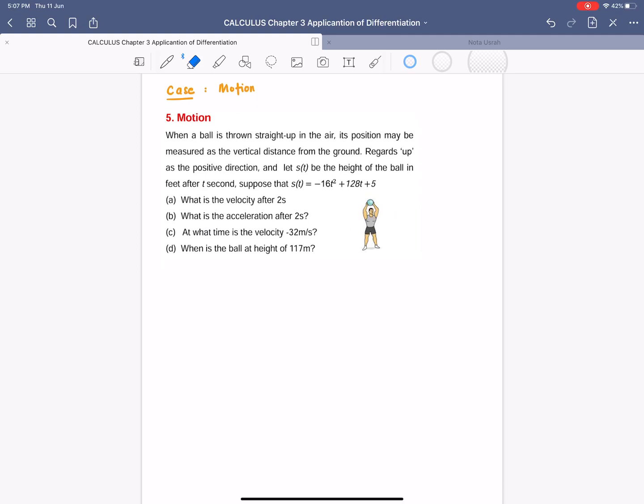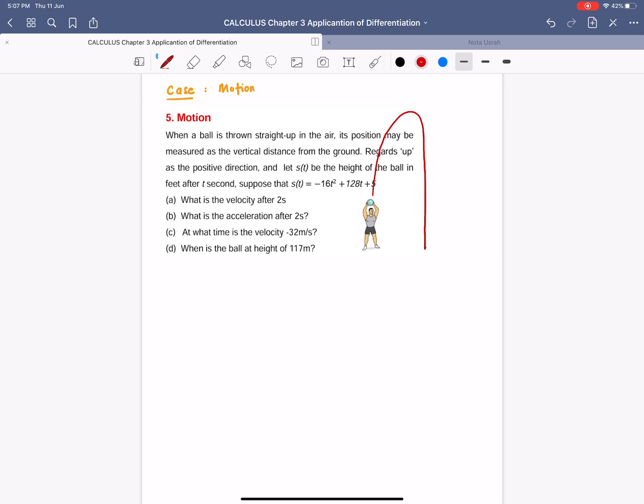Okay. So when a ball is thrown straight up in the air, its position may be measured as the vertical distance from the ground. So somebody will throw up the ball, throw like that, and then it will fall down.